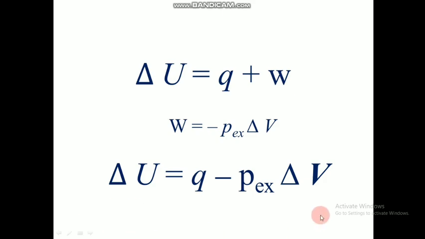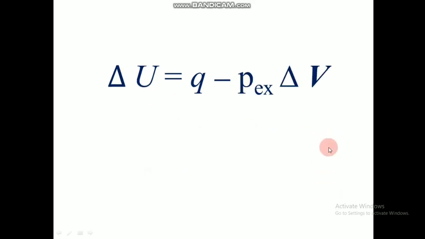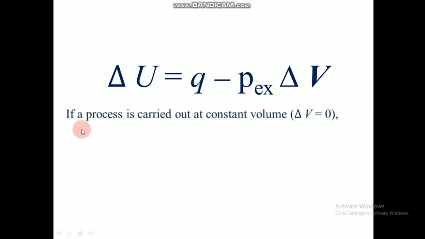Now we are going to keep the volume constant, so the change in volume becomes 0. If the process is carried out at constant volume, the initial volume equals the final volume, so delta V is equal to 0.